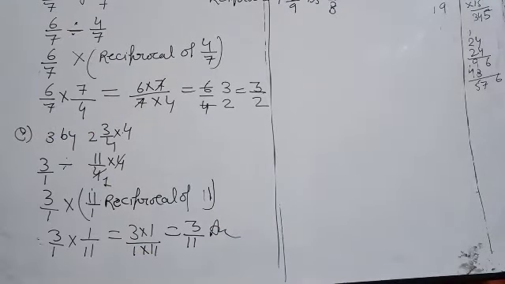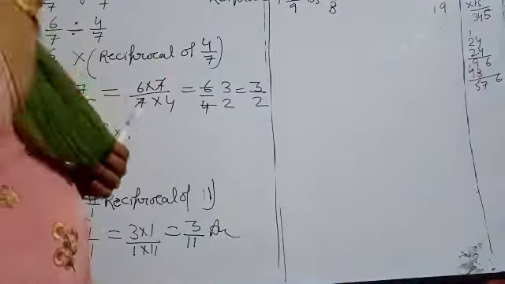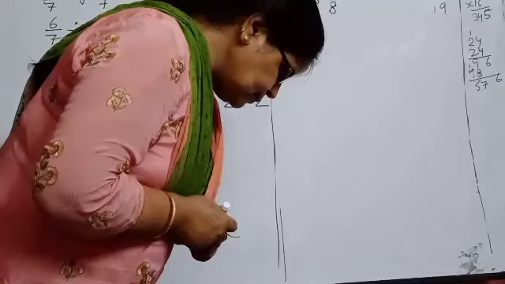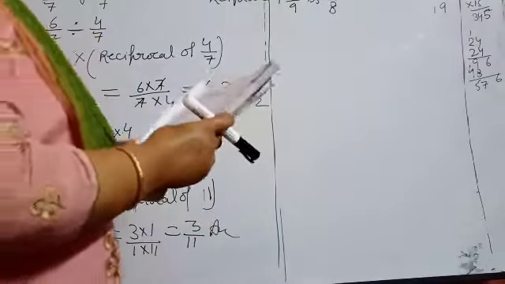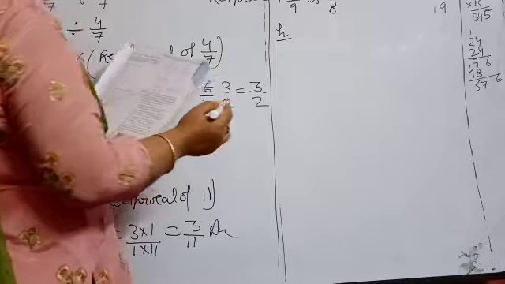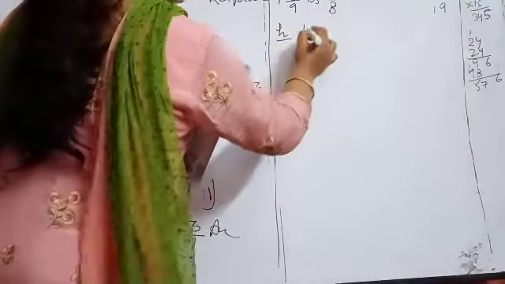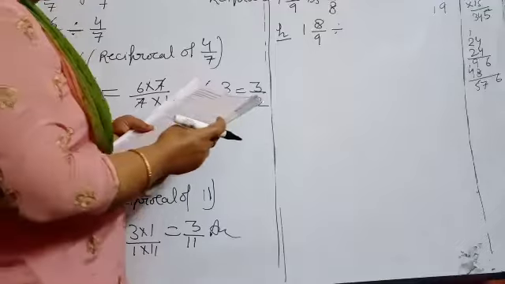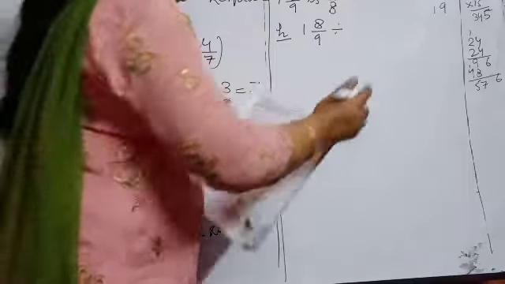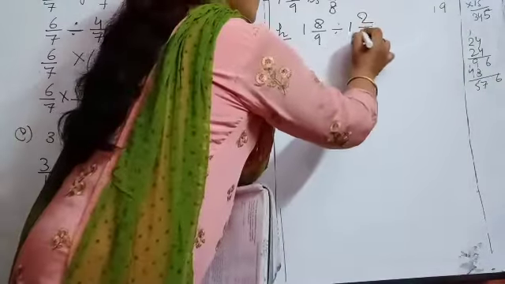Okay. One more part of another pattern, I am going to do that also. That is H part. See, what is H part? H part is saying 8/9 divided by, I am writing the question directly, 1 2/3.